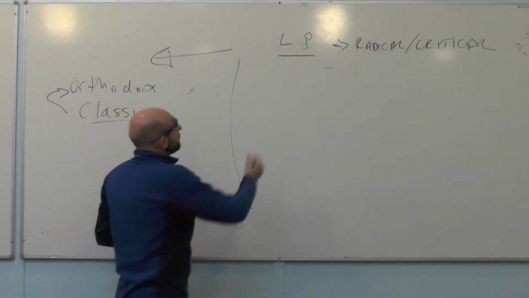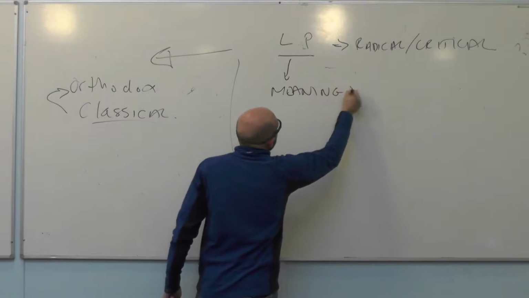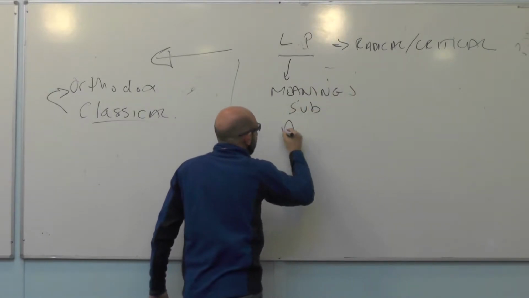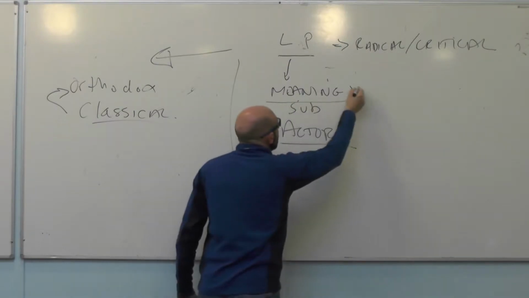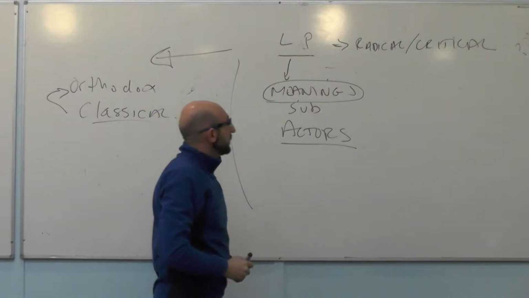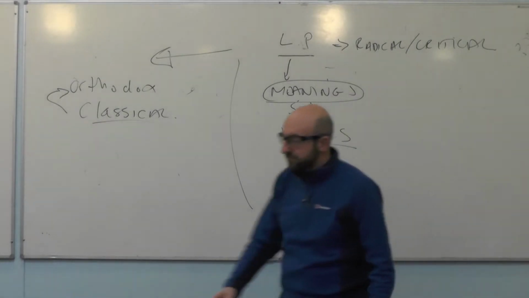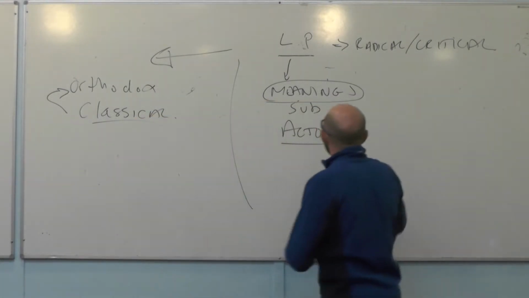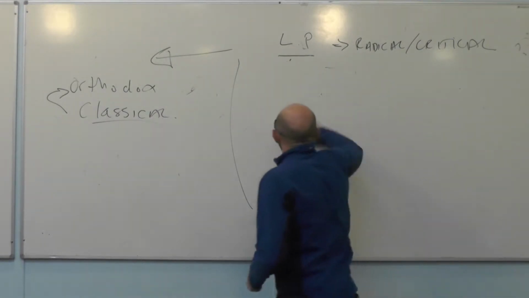This approach seeks to reveal the meanings from the subjective actors themselves. So here we're exploring the meanings held by the actors themselves. So this is already appearing very, very different from everything we've looked at so far.